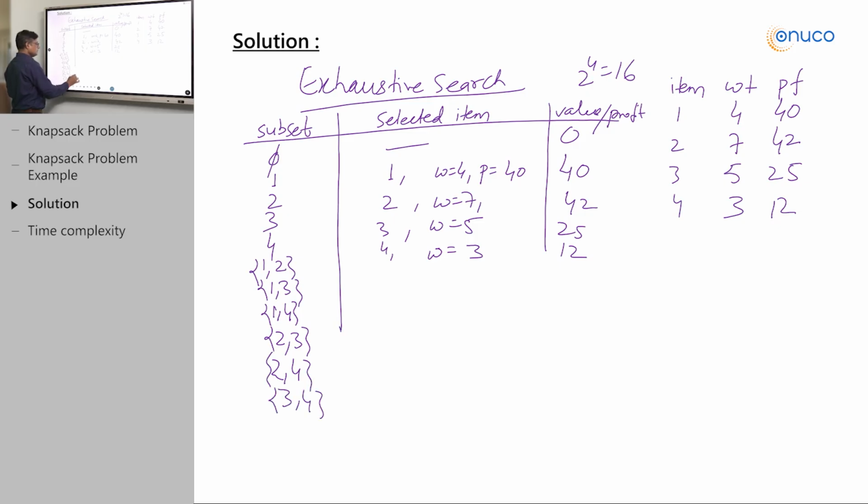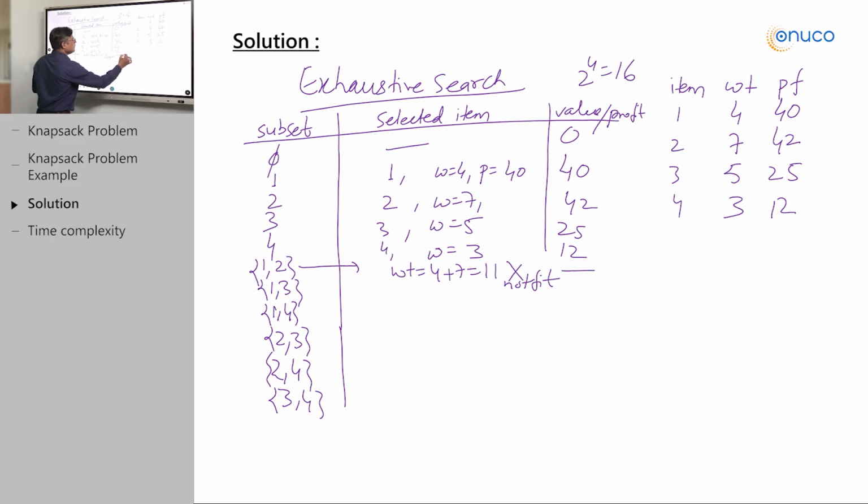So these are combinations of two elements, and we will see the outcomes. Is it possible to take items 1 and 2? Weight is going to be 4 plus 7, 11. Not fit, so there will not be any profit.